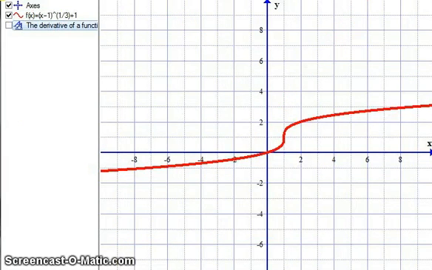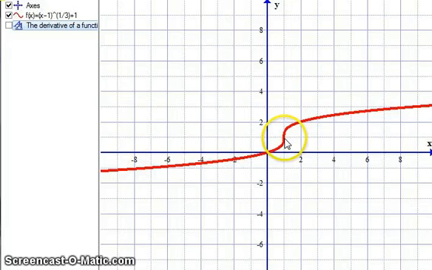Now we look at a third way that the derivative of a function could fail to exist. Here we have a function where at x equals 1, right in here, we have a vertical tangent line. In general, we say slopes of vertical lines do not exist.